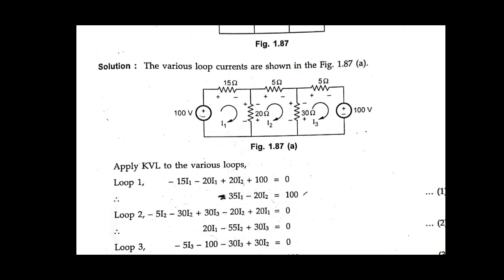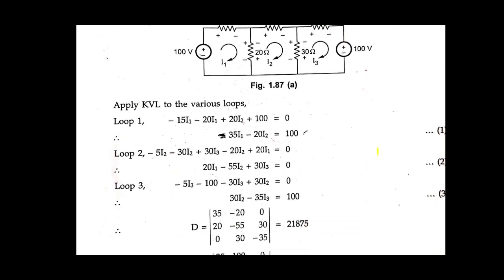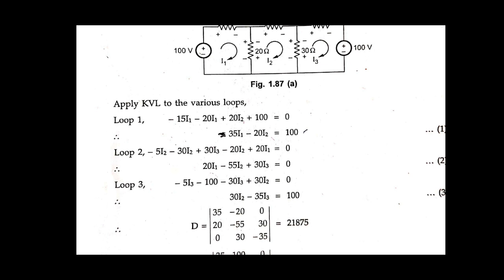Means we have to find I2, which is flowing through the 30 ohm resistance, and also I3 is flowing through the 30 ohm resistance, so we have to find I2 and I3. So how to find these unknown currents I1, I2 and I3?